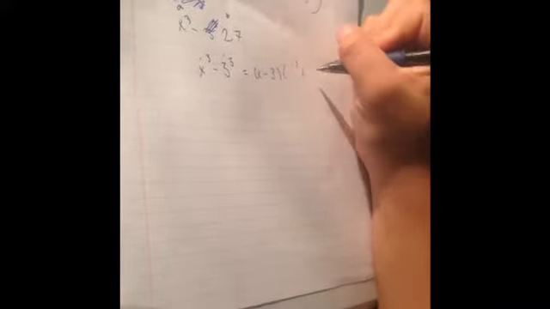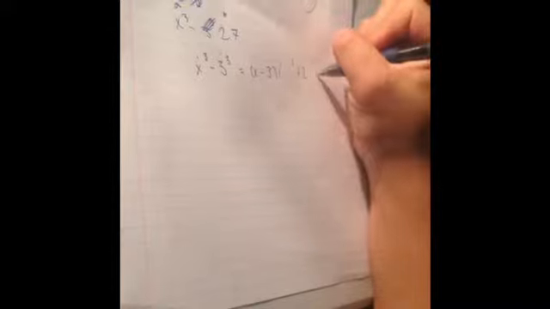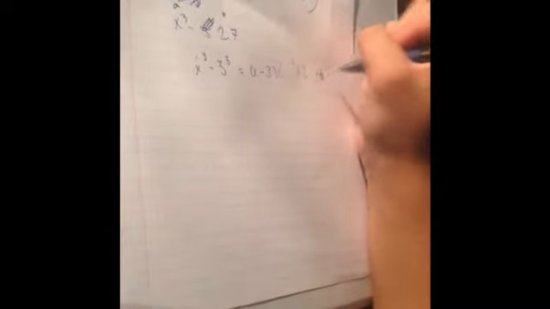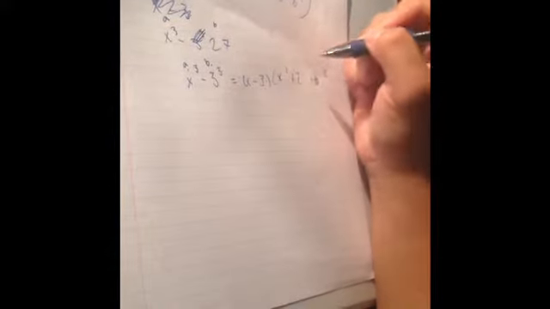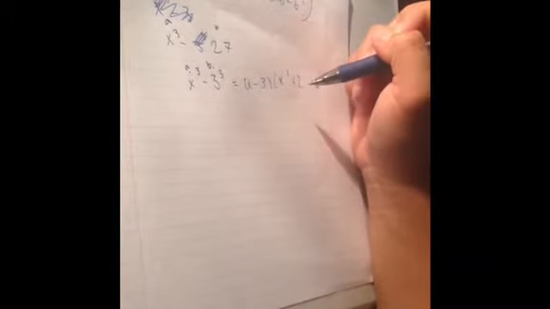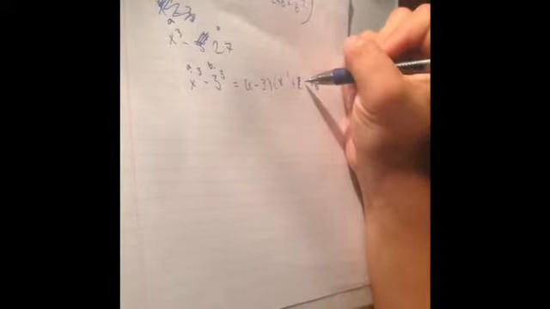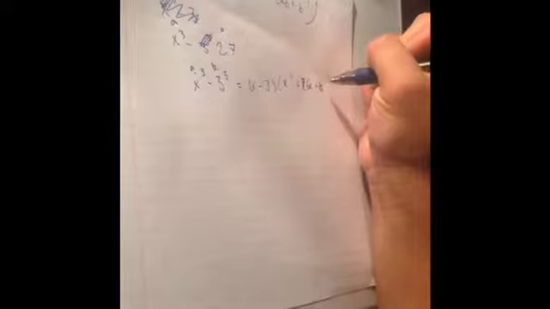Then we have the a squared plus 2ab plus b squared, but we're leaving those blank. So this is our a and our b. We're gonna plug in the x, and this is not gonna be 2, it's gonna be 6x, and then plus 9.